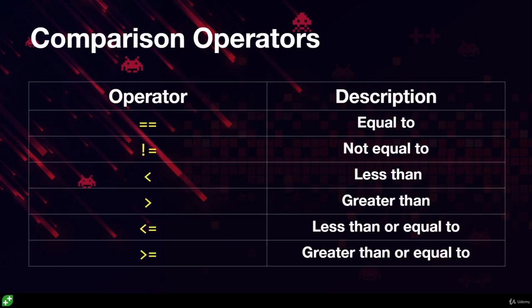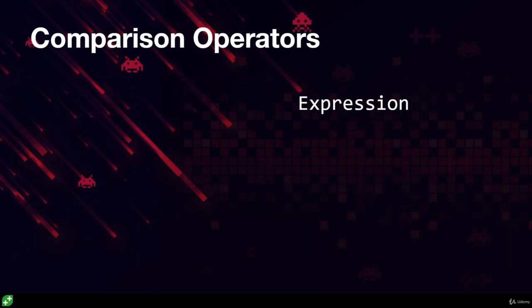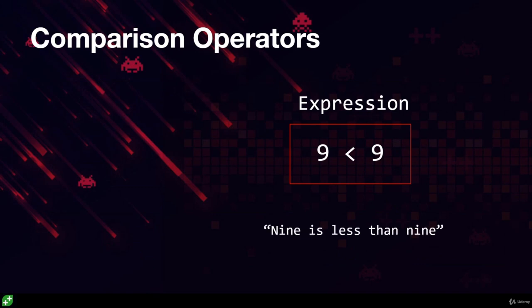We have several comparison operators to satisfy all of our comparison needs. We have equal to, not equal to, less than, greater than, less than or equal to, and greater than or equal to. Let's take a look at another expression. We would read this expression as 9 is less than 9.